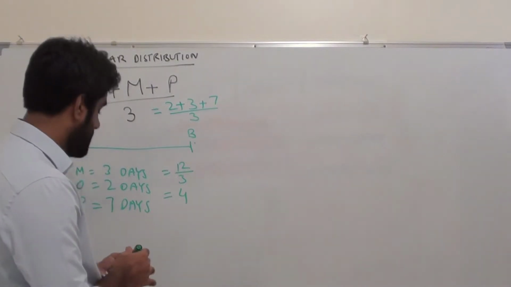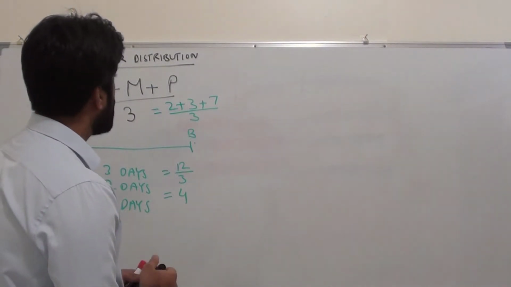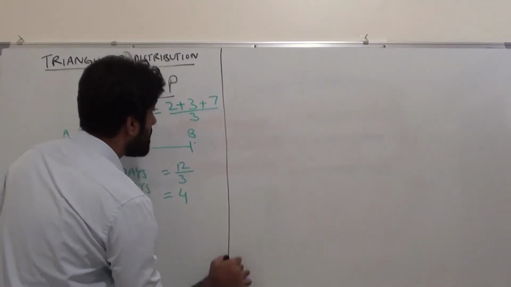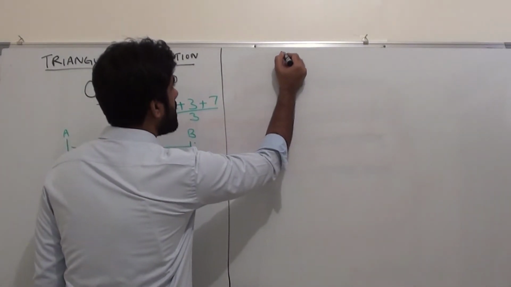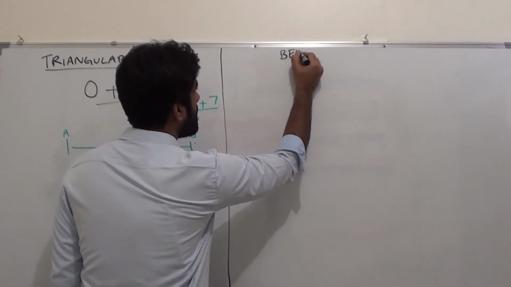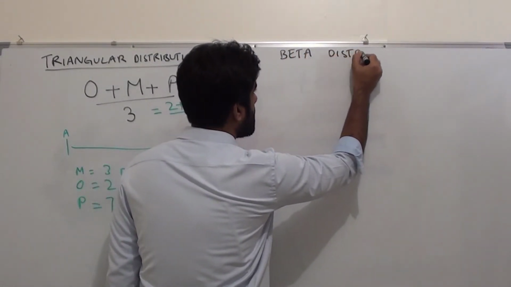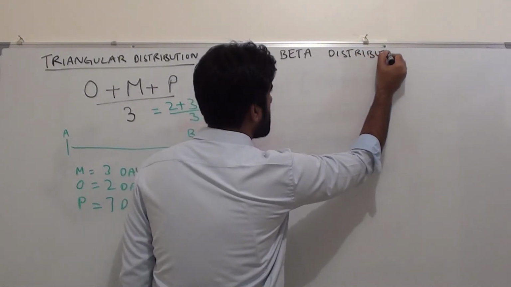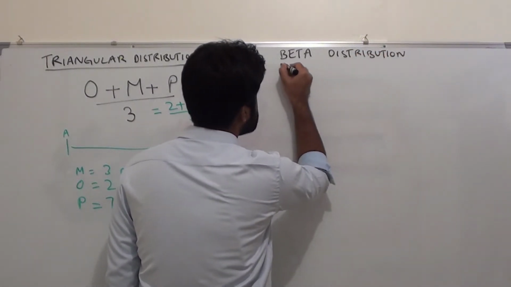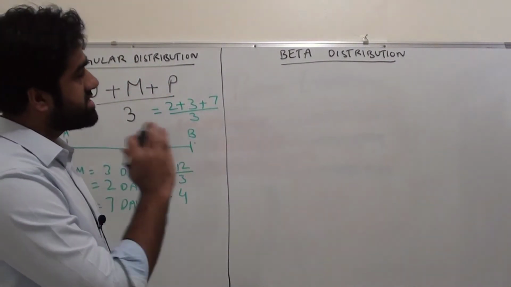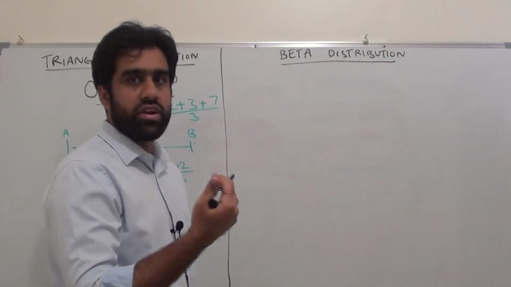The next technique is called beta distribution. The important thing with this technique is it has different names.